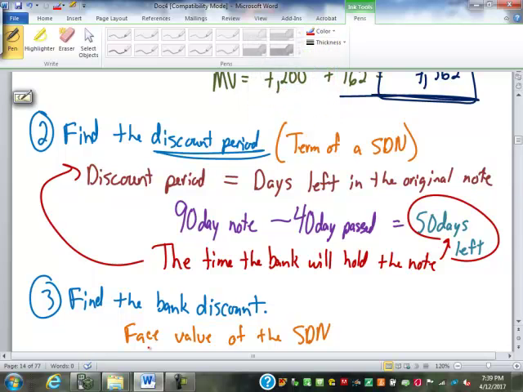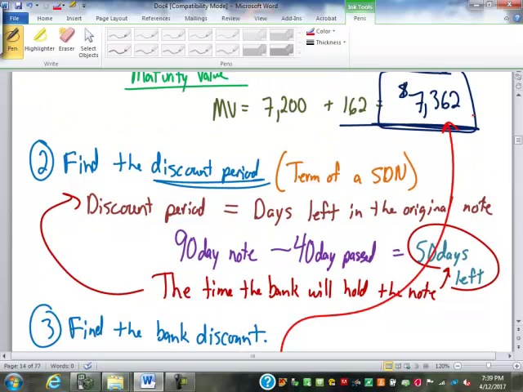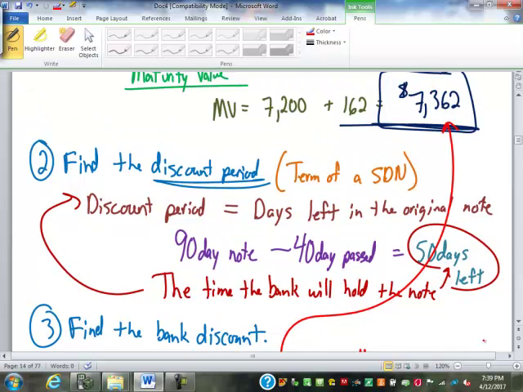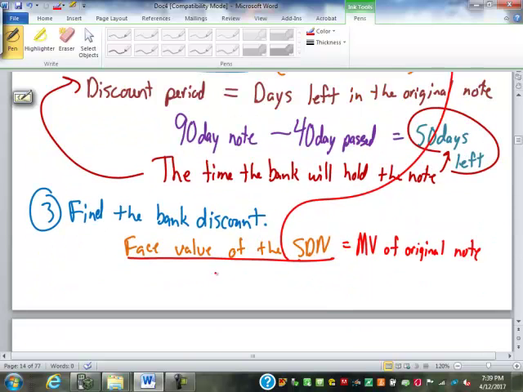It is the maturity value of the original note. So that is the $7,362 from the original note.